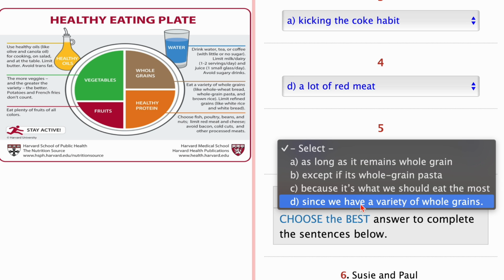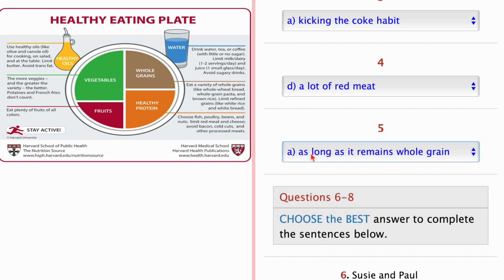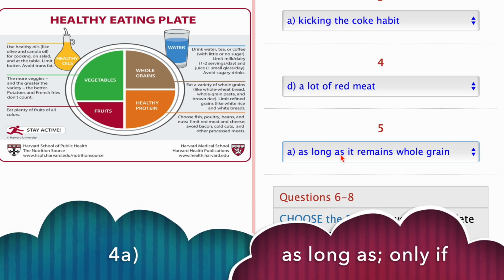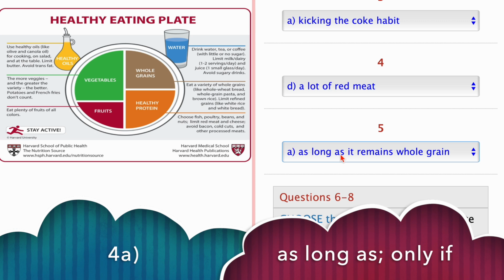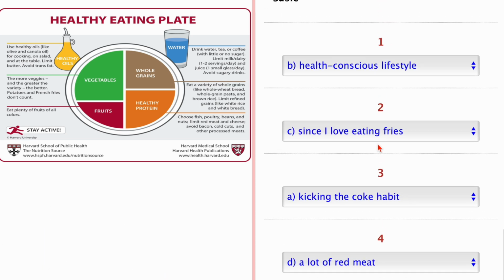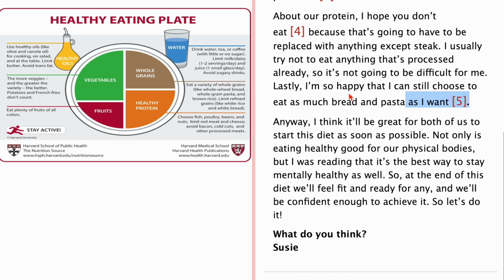It says we should eat. So not D. And so the answer is A. As long as means only if. So it says here, I'm so happy that I can still choose to eat as much bread and pasta as I want, as long as, only if, it says here, whole grain, okay? Very good.